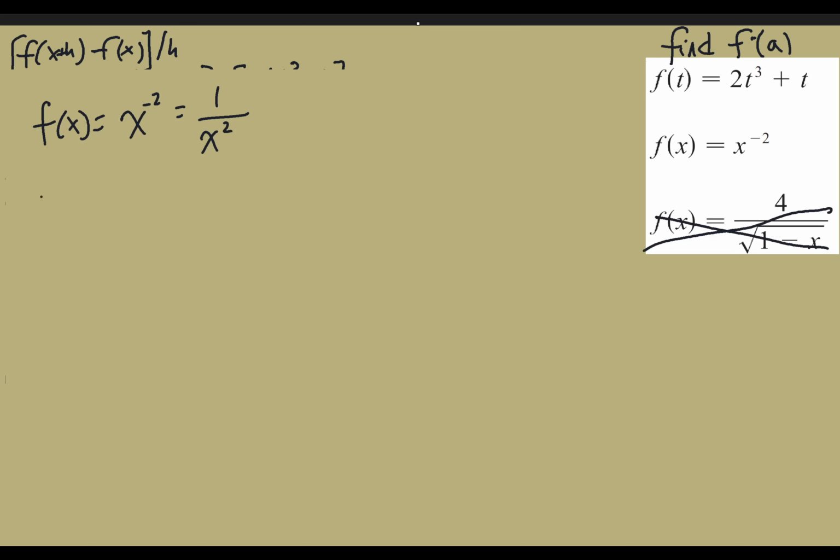Okay, so for f of x plus h, that's 1 over x plus h squared minus 1 over x squared. You see how I wrote it this way? Because here it's an instruction. Here is the actual formula. We happen to use x's in both of these, but they don't mean the same thing.